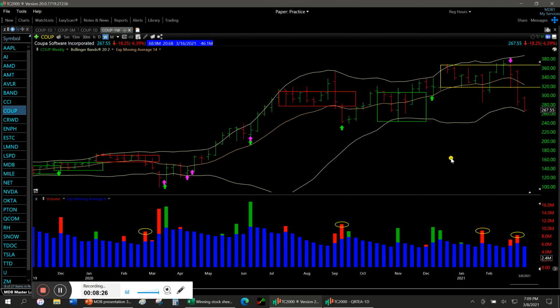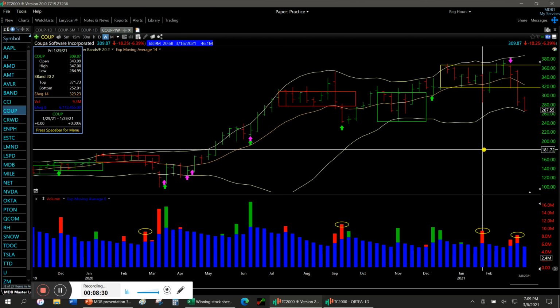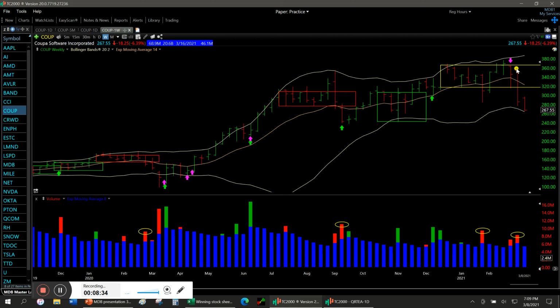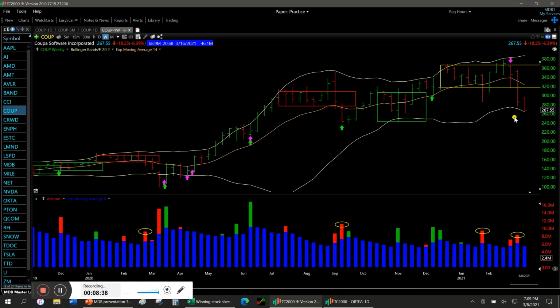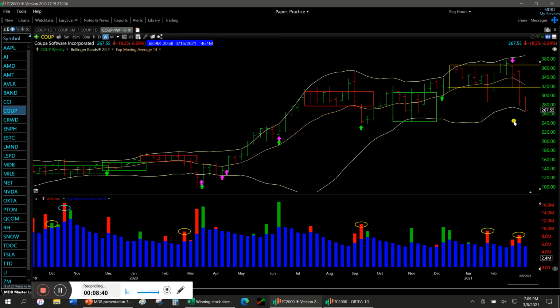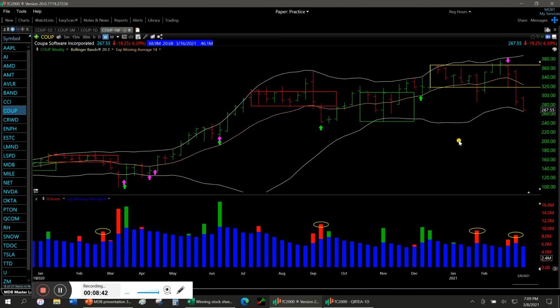CCI, Coupa software. It actually broke down twice. Once at the end of January, and I noted it, but then it rebounded, and now it's broken down again with a vengeance. I don't think it's coming back for a little bit here, but it's just another pattern to take note of and avoid. There's no upside here. There's no trade here.